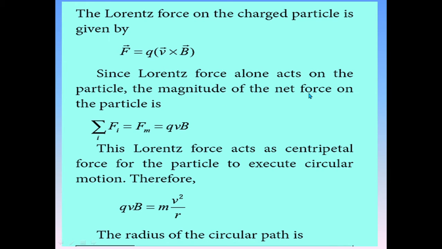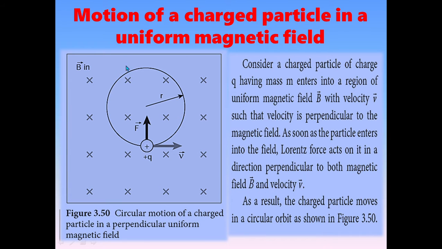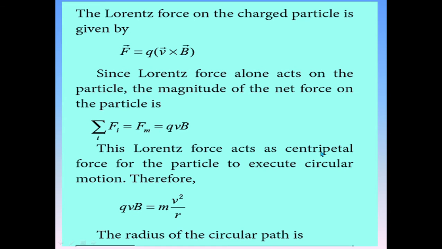The magnitude of the net force is equal to the magnetic force, qvB, where q is the charge, v is the velocity and B is the magnetic field. This Lorentz force acts as the centripetal force because the charge moves in a circular orbit.